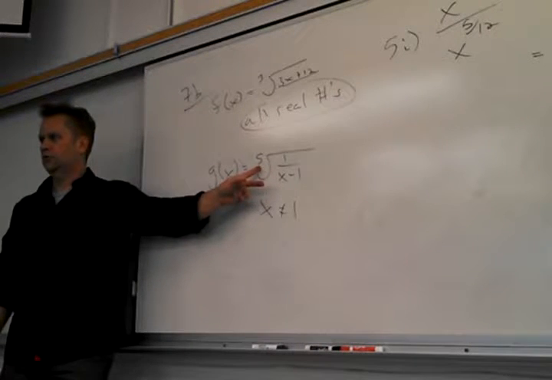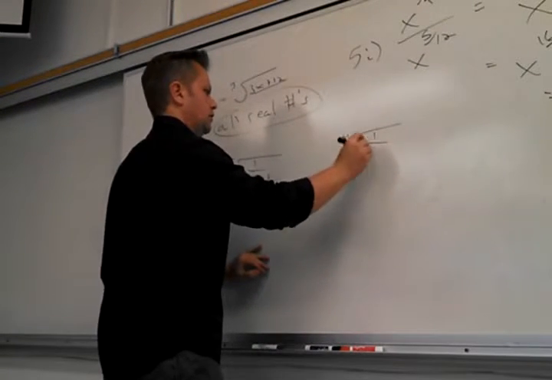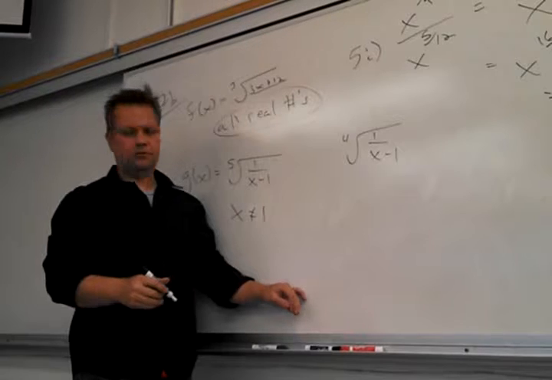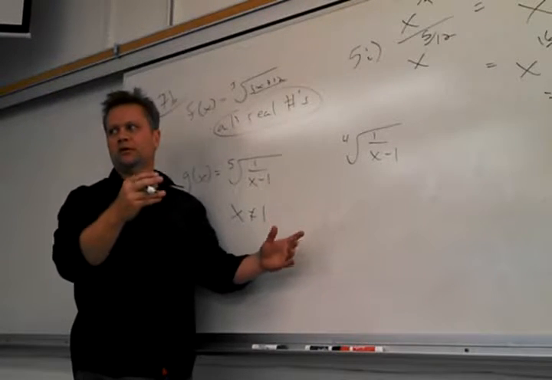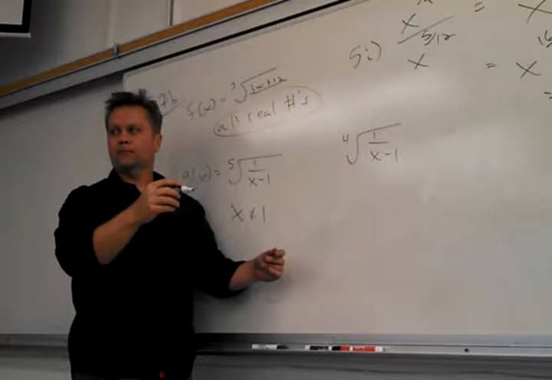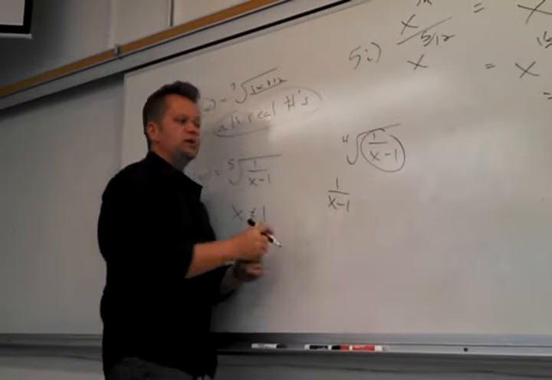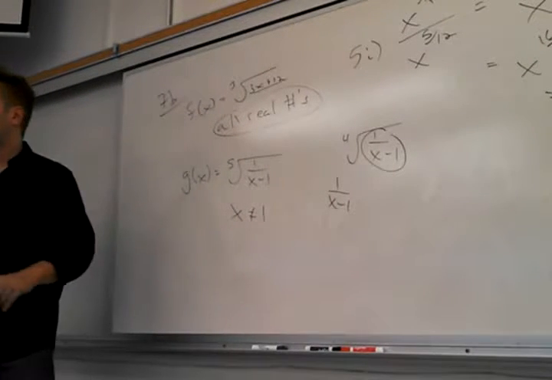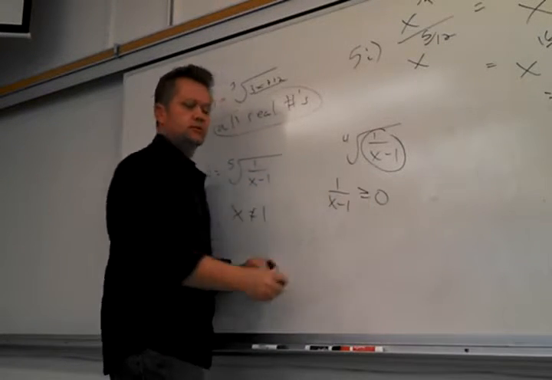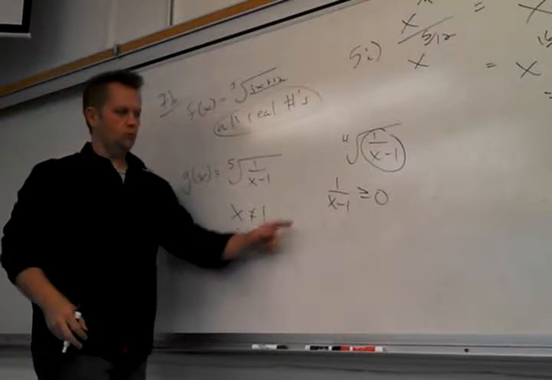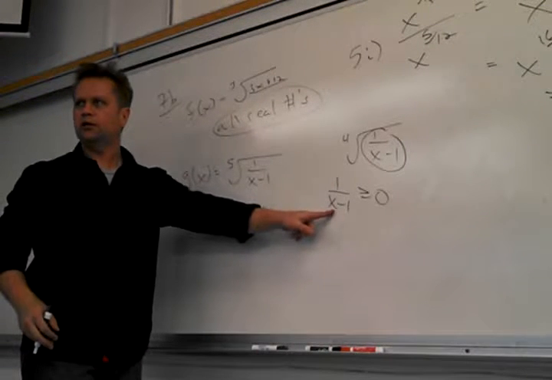What if that was 4? The square root of 4. Well, the fourth root? That gets interesting. This could be a bonus question. Because 1 over x minus 1 has to be positive, right? 1 is positive, so the only way this could stay positive is if x minus 1 is positive.